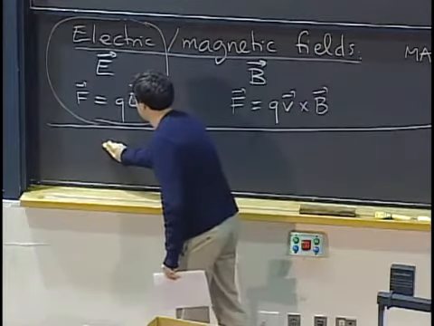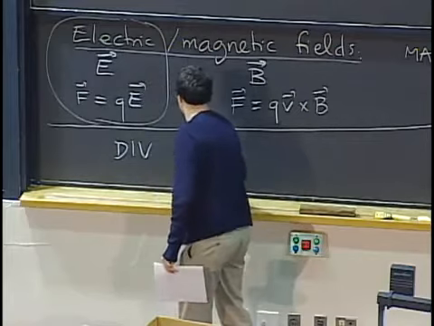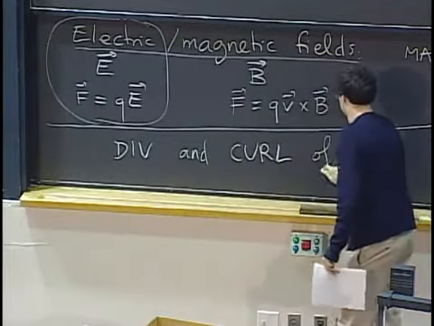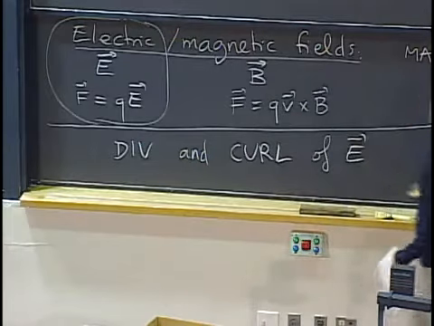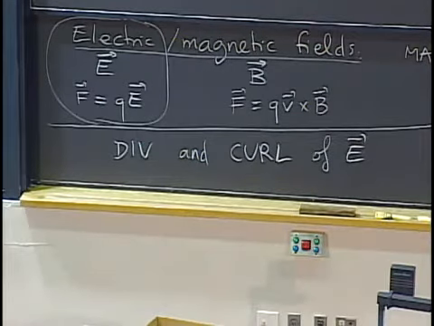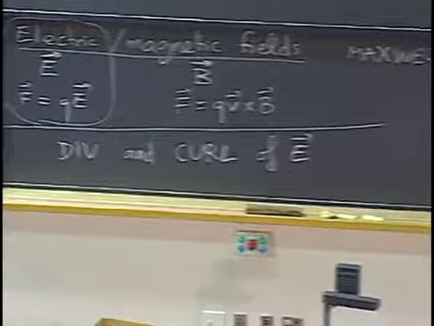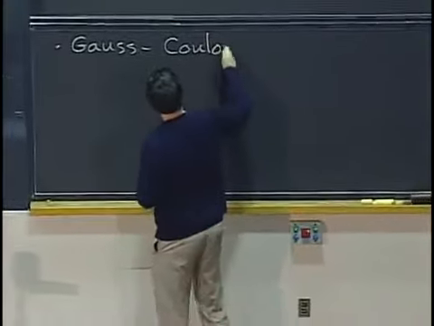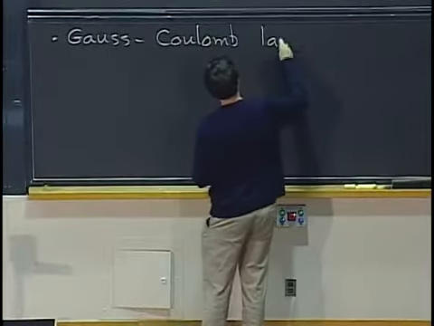Maxwell's equations actually tell you about div and curl of these fields. So let's look at div and curl of the electric field. So the first equation is called the Gauss-Coulomb law.